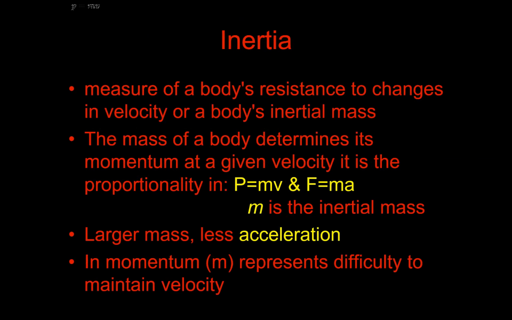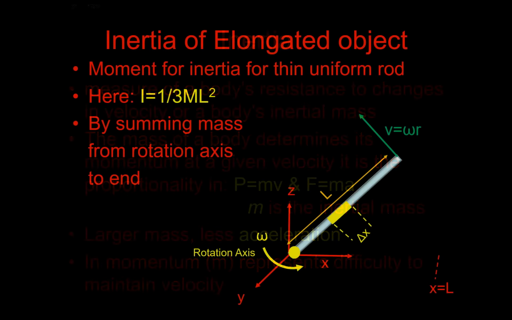So larger mass, less acceleration. In momentum, the mass represents the difficulty to maintain your velocity in the mv equation. Inertia really is the resistance to a change in velocity, the resistance to a force being applied. And this is complicated depending on the shape of the object.